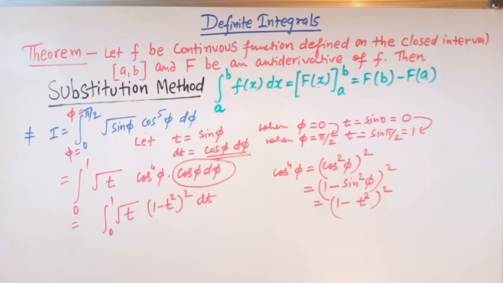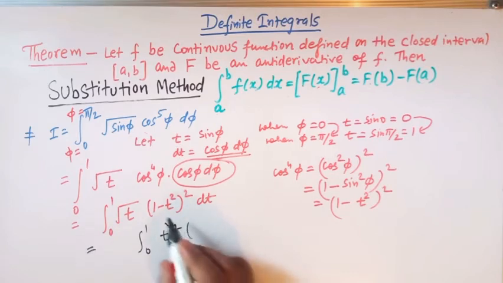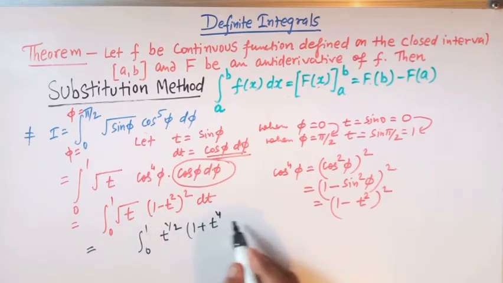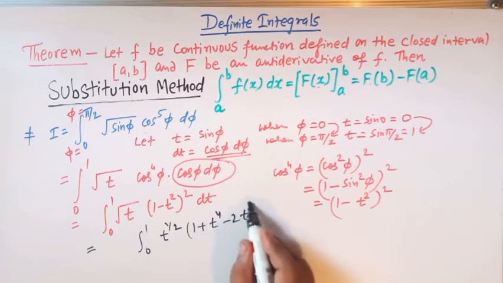Now we have to simplify this expression. So this is 0 to 1. Here we have t raised to half, and 1 minus t square whole square is 1 plus t4 minus 2t square.